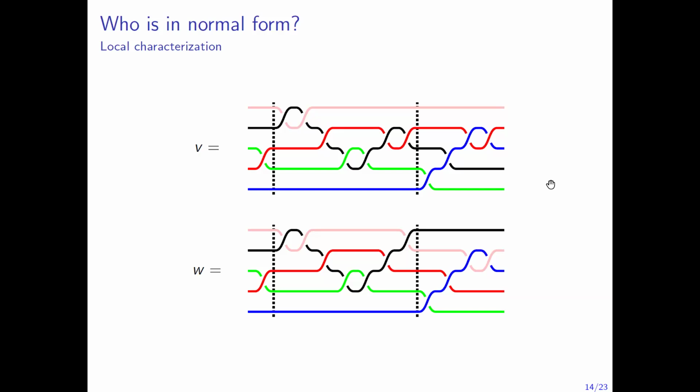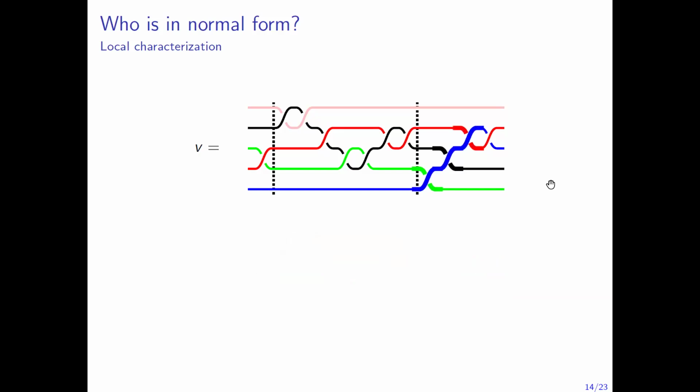So let's look at V first. There's this kind of pattern here, which I will call a stair, a staircase. This is a factor of sigma 1, sigma 2, sigma 3, and so on. This little pattern has the property of being very commutative, meaning that it commutes with most of the other letters.